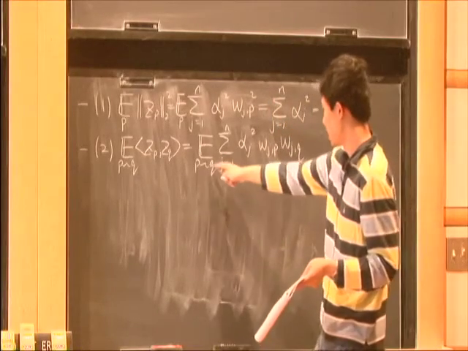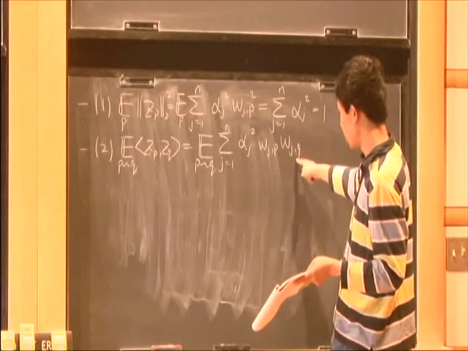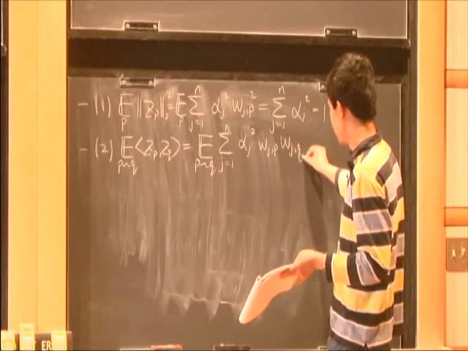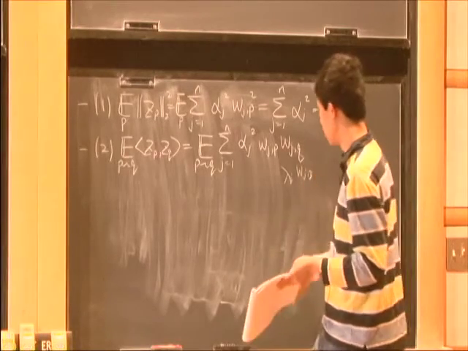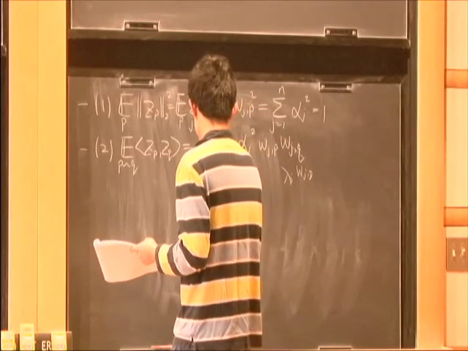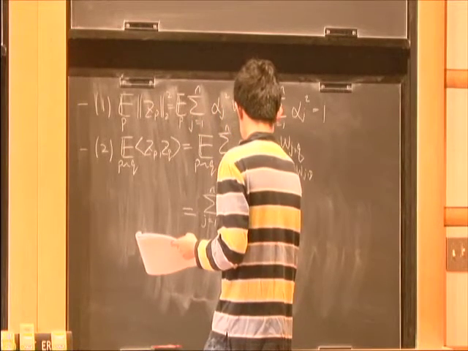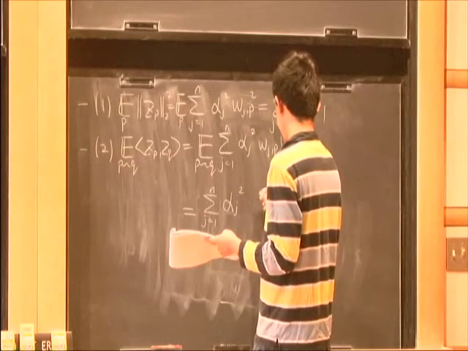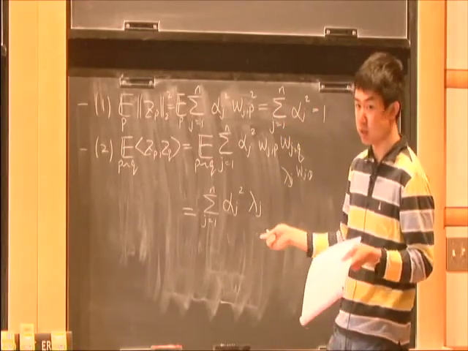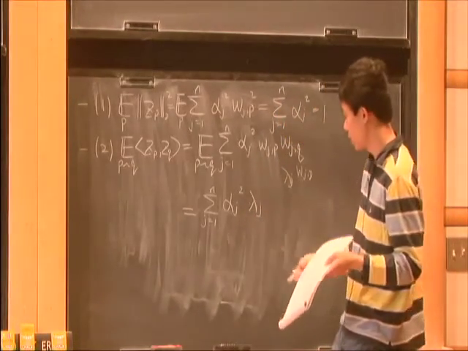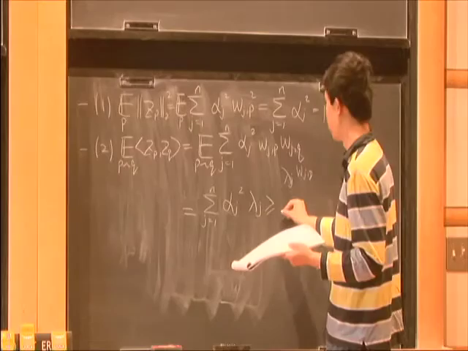But as before, if you put this expectation inside, and you see the expectation over q, wjq, is actually lambda j times wjp. So this is actually equal to sum of j from 1 to n, alpha j squared times lambda j. So it's a weighted sum of alpha j's, and this has to be at least 1 minus epsilon.